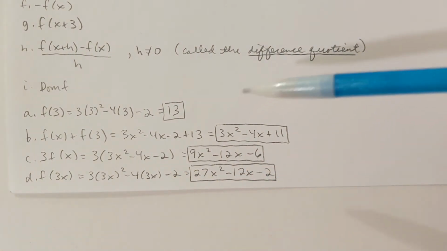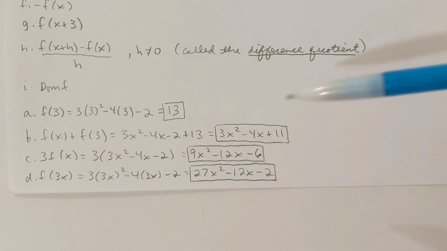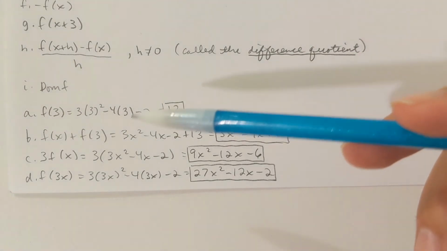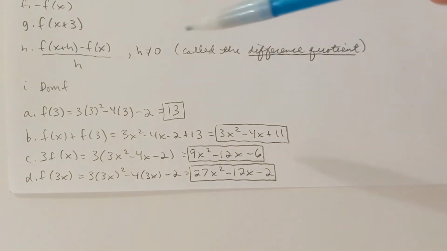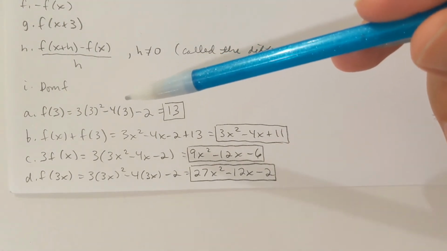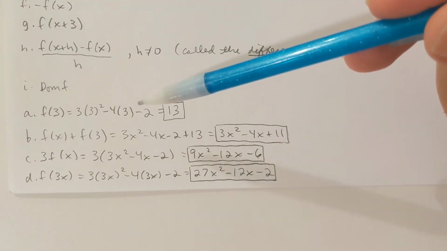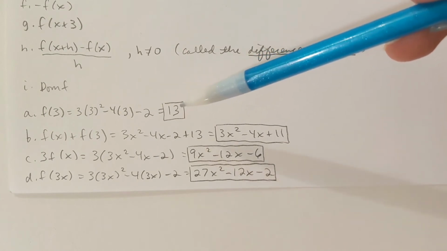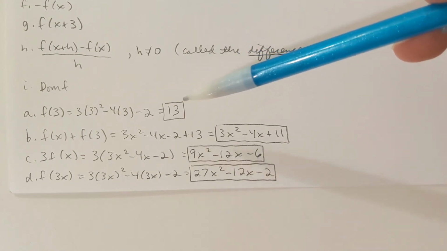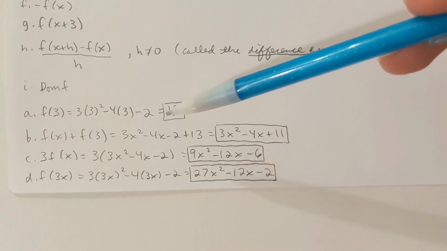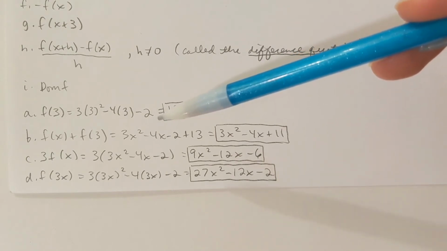Okay. Part A, f of 3 means that I would replace x with 3 and simplify. So I've done that. 3 squared is 9, times 3 is 27, minus 12 is 15, minus 2 is 13. f of 3 is equal to 13. Part B, f of x plus f of 3.